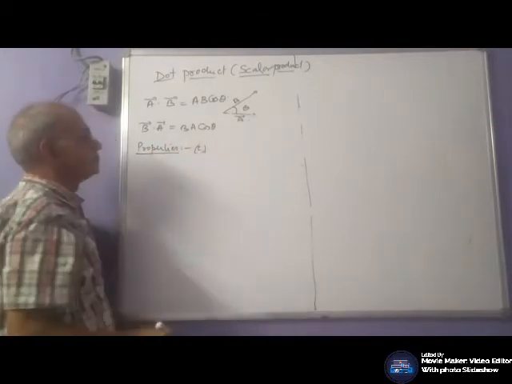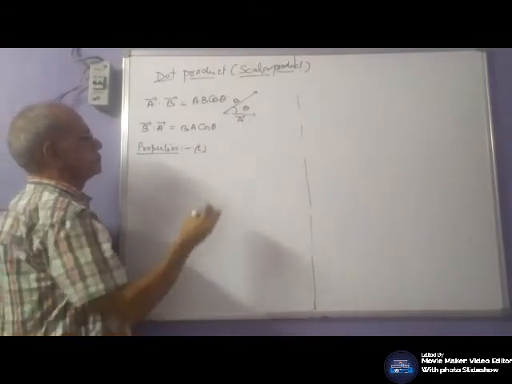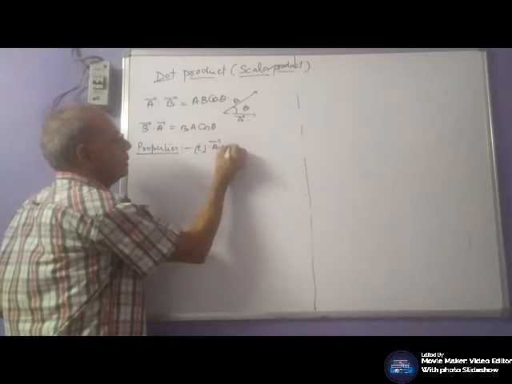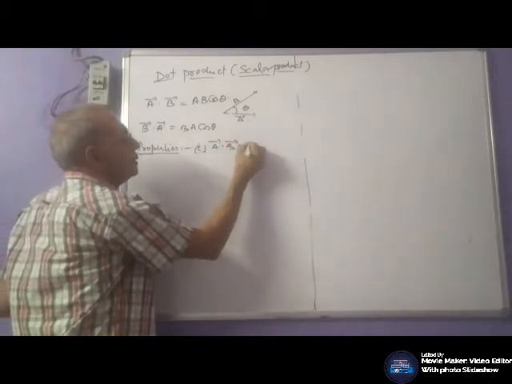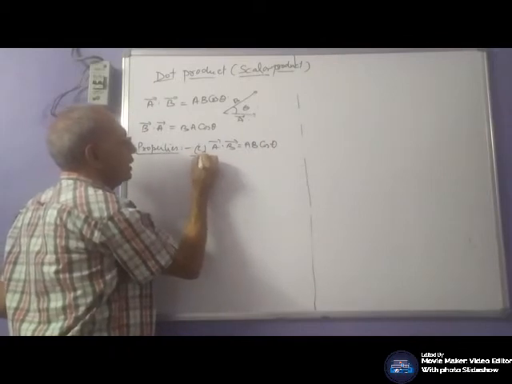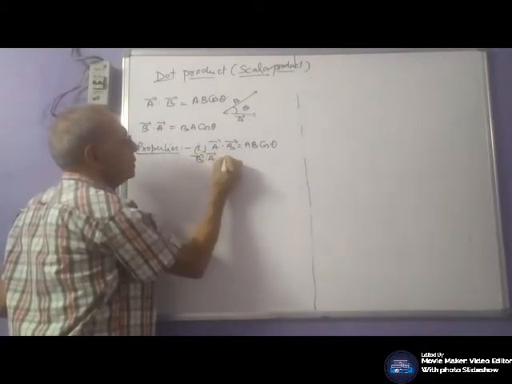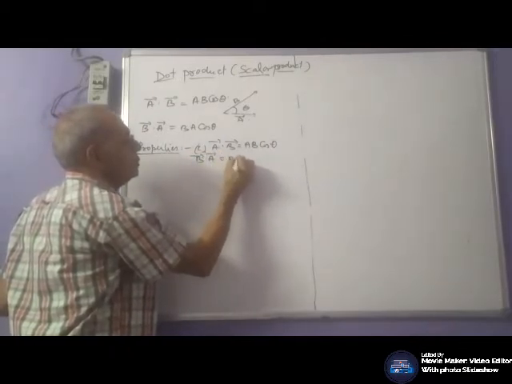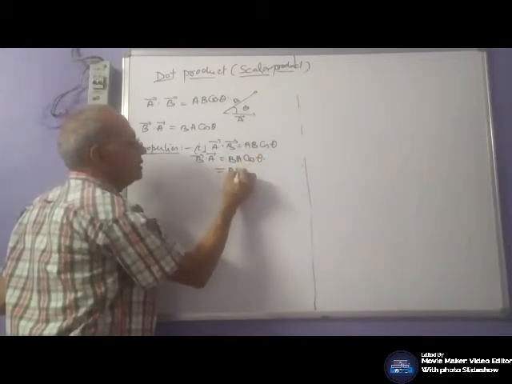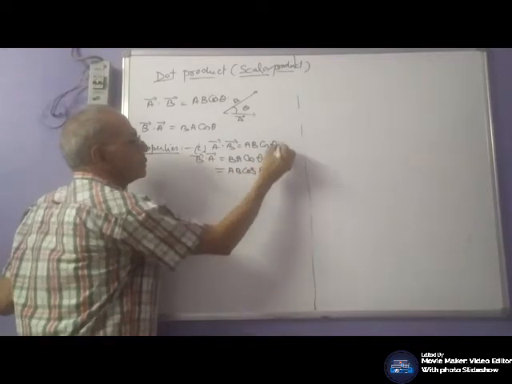First, A dot B is AB cos theta, and B dot A is BA cos theta. As there is no direction, you can write it as AB cos theta.